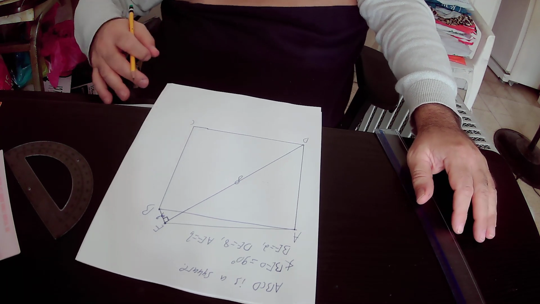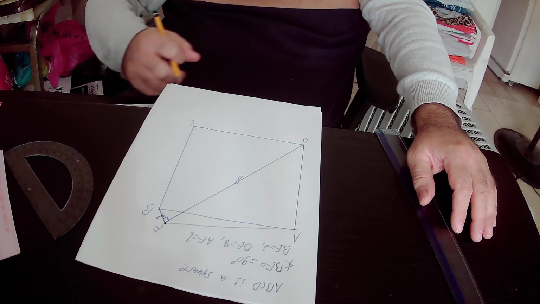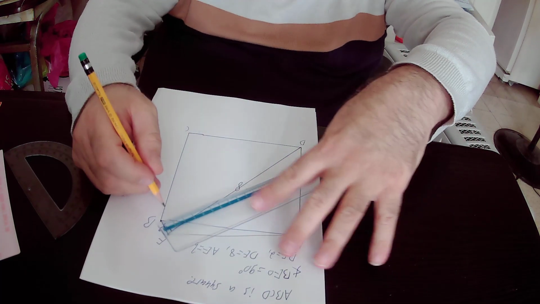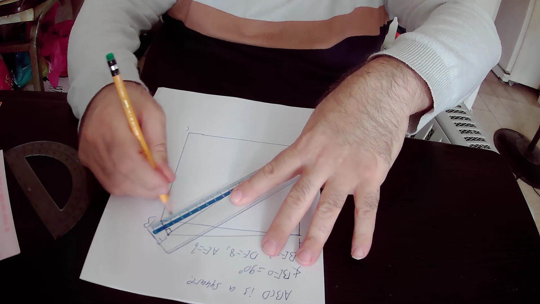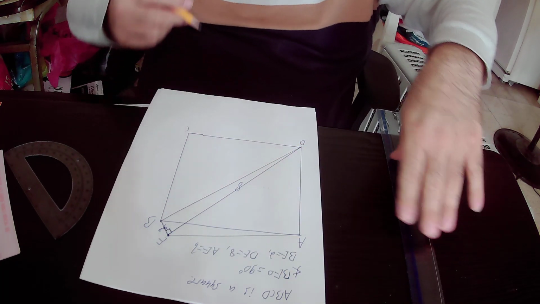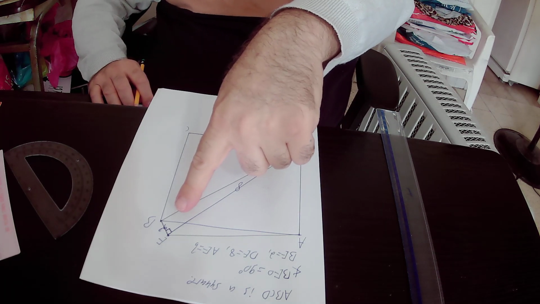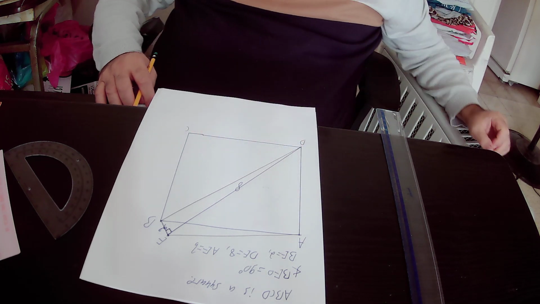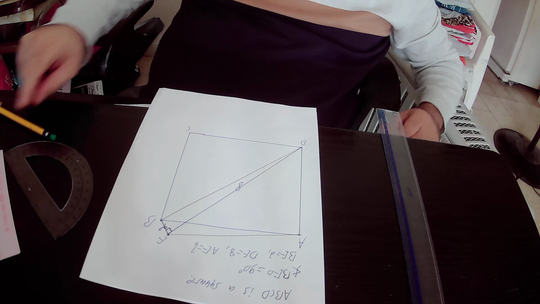Okay, so first of all we will join points B and D together by a straight line. We also know, it is given in the question, that angle DEB equals 90 degrees. It is a right angle, therefore triangle DEB is a right triangle. So I write it down.